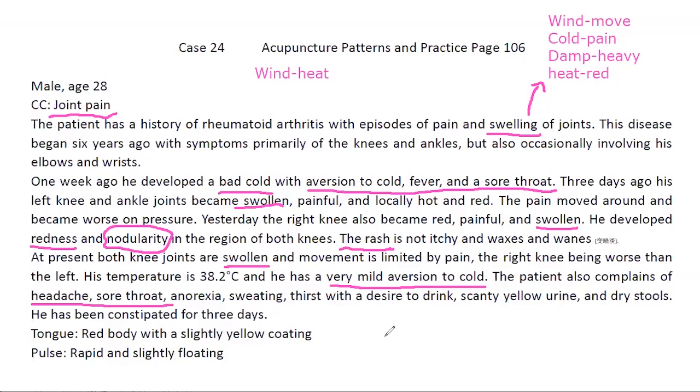So basically, the pattern we're talking about is the wind heat pattern. Are there other symptoms we need to discuss here? What do you think about the patient being thirsty and desiring to drink, scanty yellow urination and dry stool?